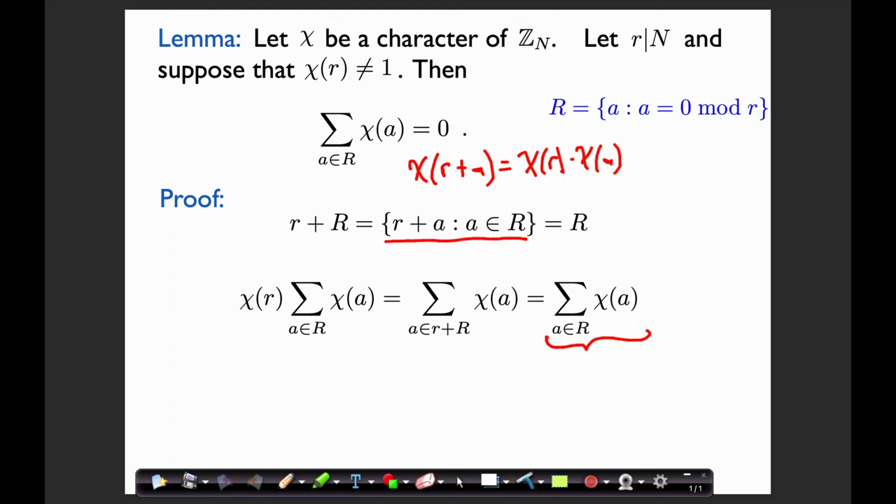Okay, so that means that for this sum, I can pull out this factor of chi of r, which is going to appear in every term. So this is equal to chi of r times the sum over a in capital R of chi of a. Okay, so now you see that I have that chi of r times this sum is equal to that same sum itself.